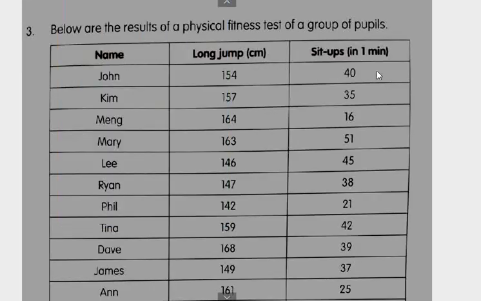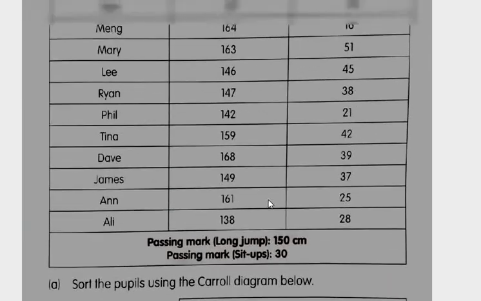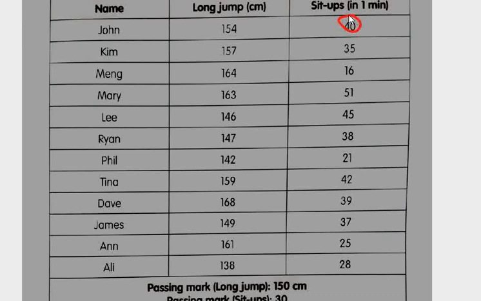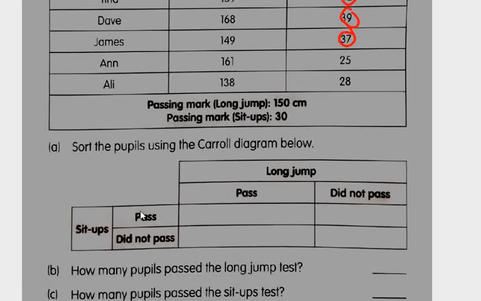Okay, let's mark all the sit-up numbers that are greater than 30. So here, yup. Okay, done. So they have all passed the sit-up. Then let's mark the long jump that is passed.